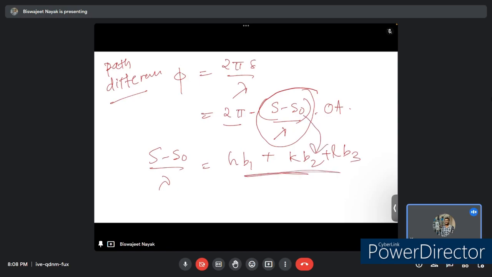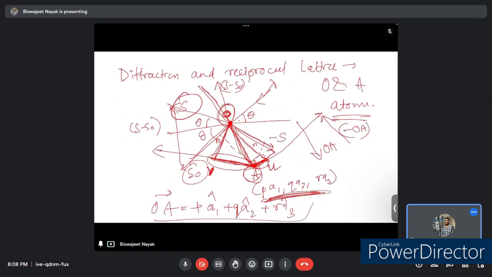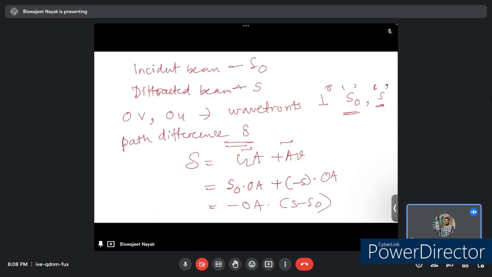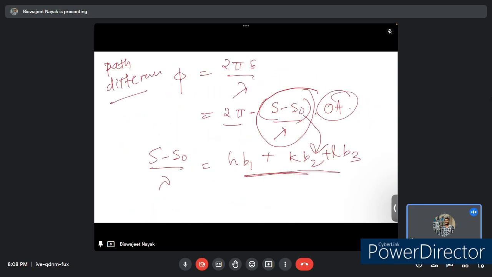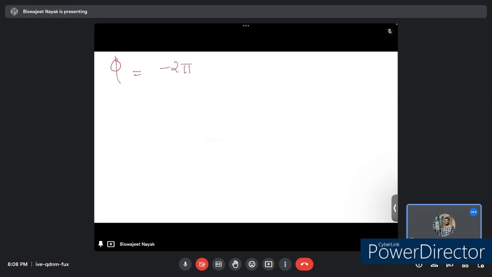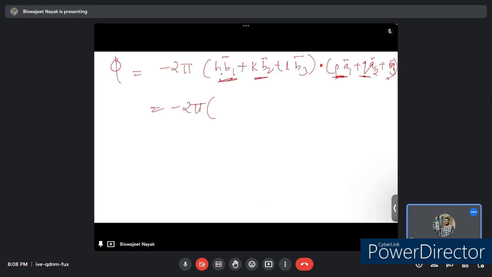Here if we replace this, then this S minus S0 by lambda can be replaced by this, and this OA, which we have already seen, is written in terms of P, Q and R. So this phase difference becomes minus 2 pi times (H b1 plus K b2 plus L b3) dot (P a1 plus Q a2 plus R a3), given by their dot product.